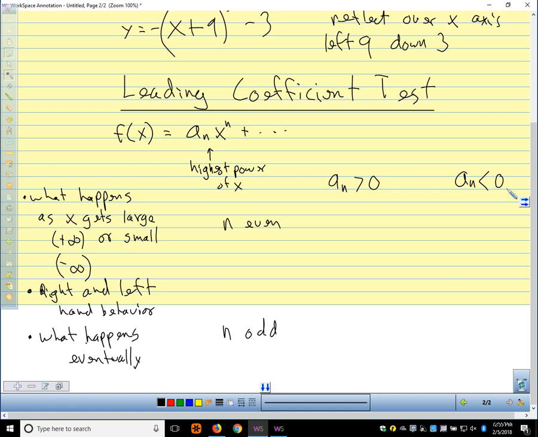So as x gets really big, if n is even, the highest power in x, 2, 4, 6, 8, and our leading coefficient is positive, eventually our function behaves like y equals x squared, and it goes up on both sides.